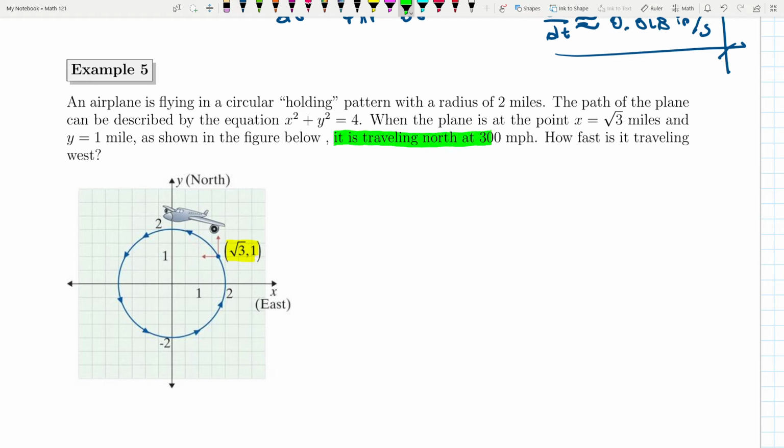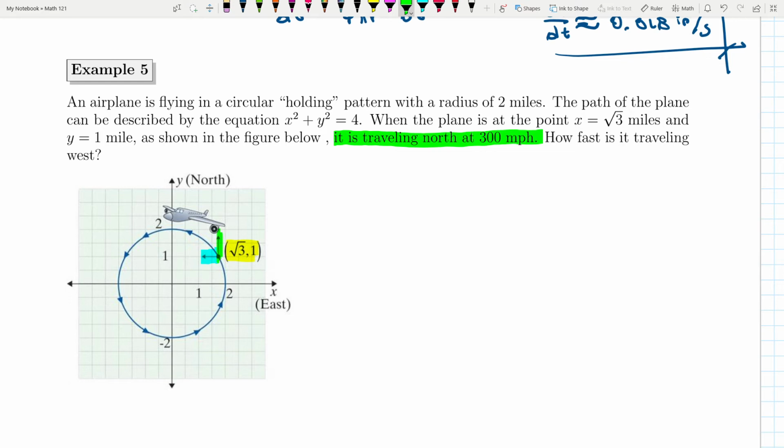It is traveling north. In this case, notice these two arrows right here are telling us two different pieces of information: the horizontal component of the velocity of the airplane and the vertical component of the velocity. Because they're telling us that it is traveling towards the north at 300 miles per hour, that's the vertical component of the velocity of the plane.